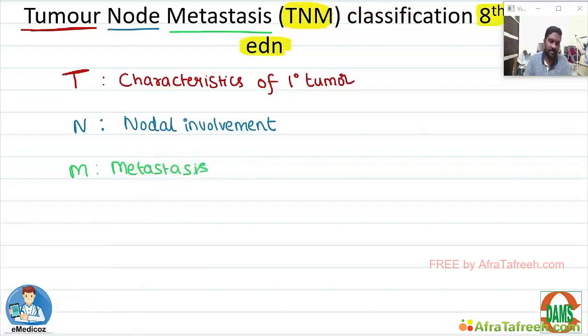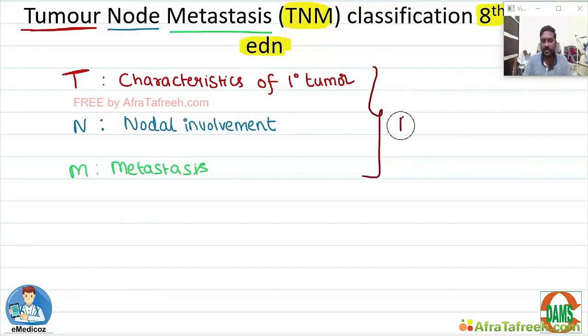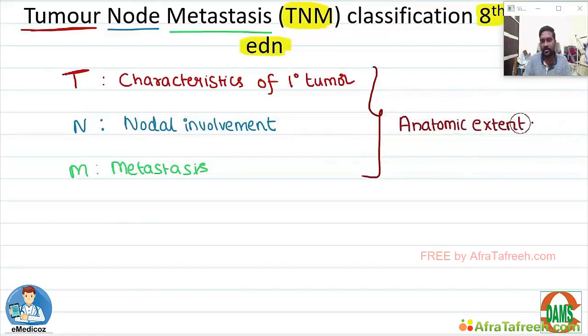So by seeing this, what is the ultimate information that we get? We will know the anatomic extent of tumor. Why is this anatomic extent of tumor important?